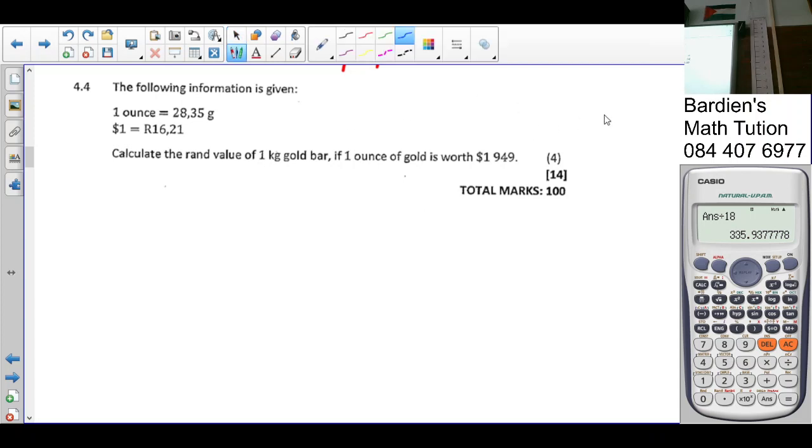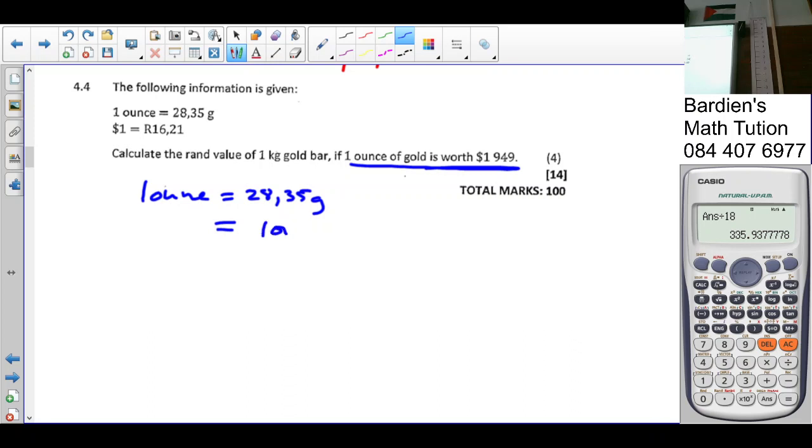Okay, so firstly, 1 ounce of gold is given as that. We need to know how many ounces are present here. So if 1 ounce is equal to 28.35 grams, 1 kilogram is how many grams? 1,000.